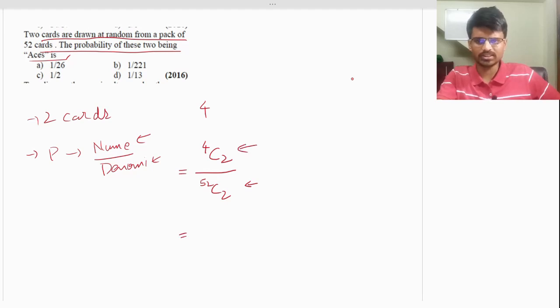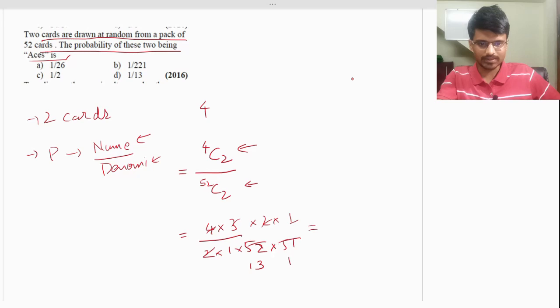So I have to just simplify this: 52 into 51 into 2 into 1. Okay, what do I get? 4 13s are 52, 3 ones are 3, 3 17s are 51, so it is 1 by 13 into 17. So this is 1 by 221. The correct answer is option B.